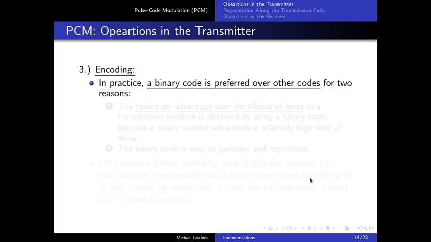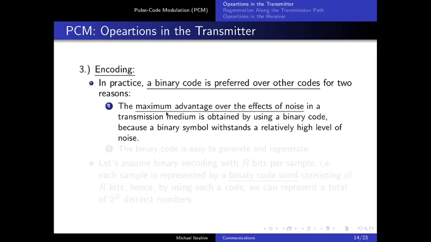In practice, the binary code is preferred over any other kind of code for two reasons. The first reason is that the binary code provides a maximum advantage over the effects of noise in a transmission medium, because the binary symbols withstand a relatively high level of noise. What is that supposed to mean?